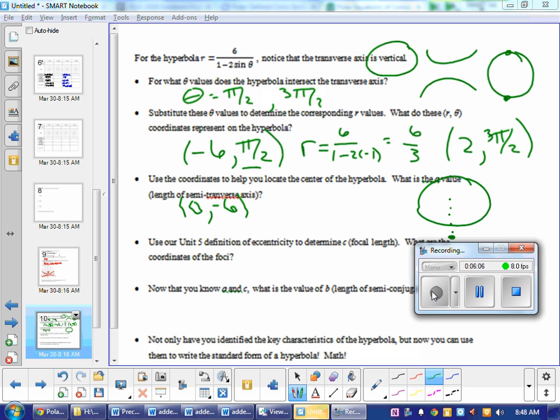And then 3 pi over 2 is going down, and you go 2 in that direction, so you go down 2. So the other vertex is 2 below the origin. These are our 2 vertices. The center is halfway between them. What point is halfway between those 2 points? 0, negative 4 is halfway between those 2 points.